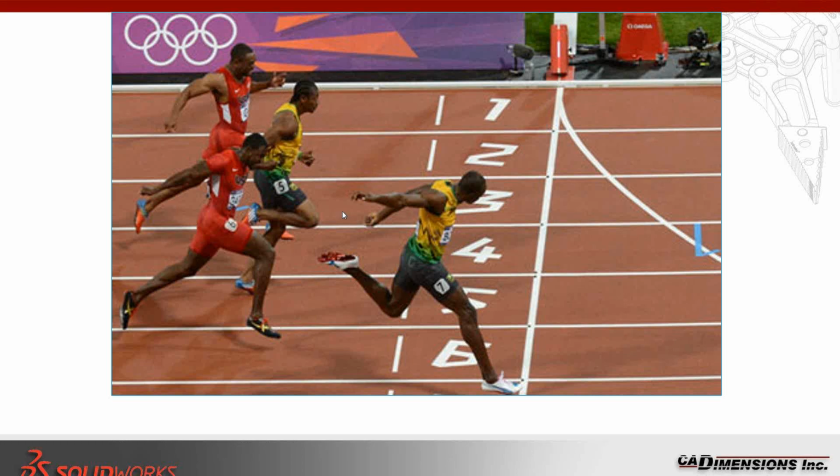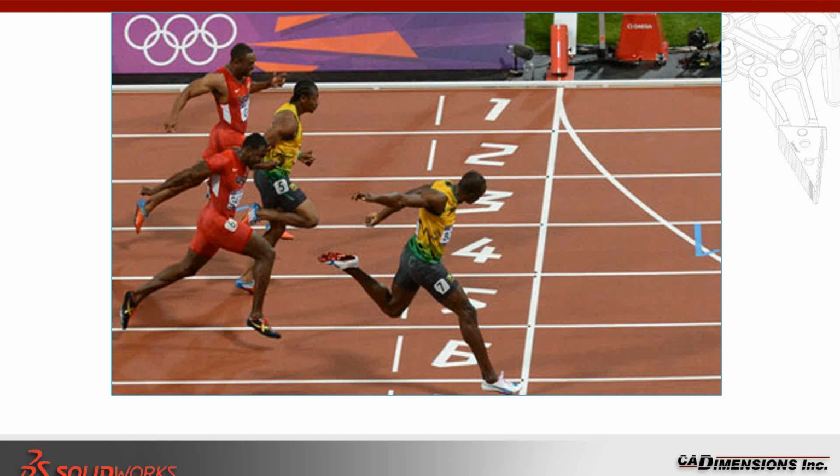However, on game day Usain Bolt seemed to have won the race, and apparently he won by a 2% difference, which in a 100-meter race, that is 10 seconds, is almost a quarter of a second difference that he won.